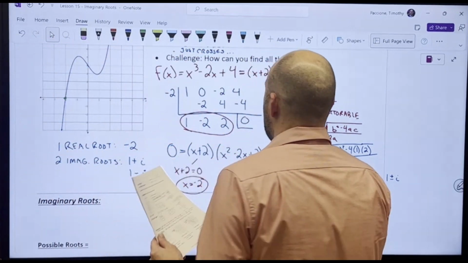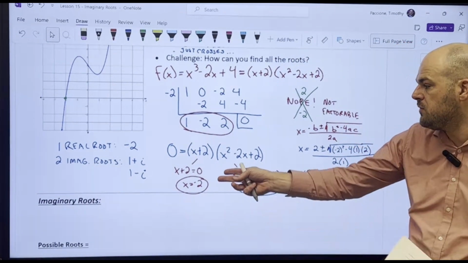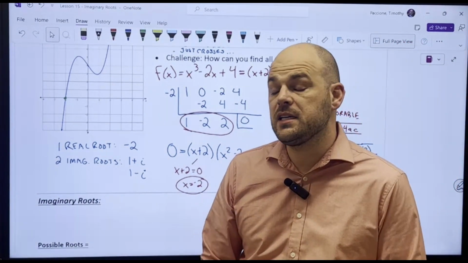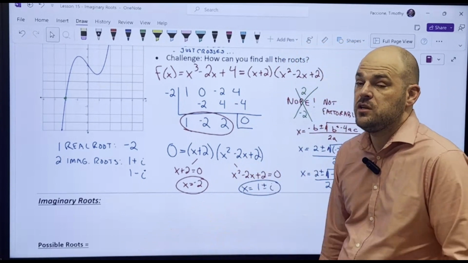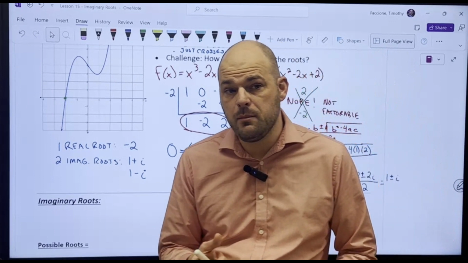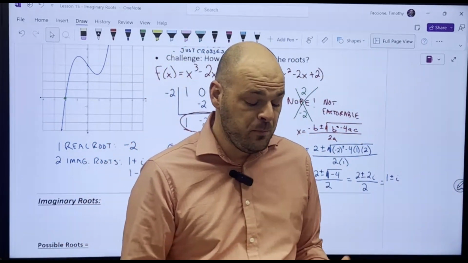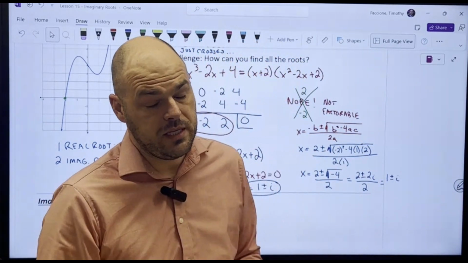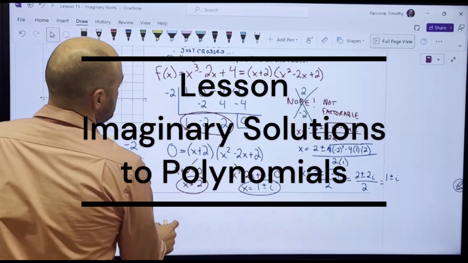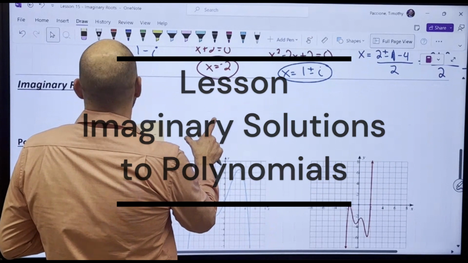We are trying to find those missing roots, even if it requires the quadratic formula, even if it requires solving for x when we can't factor any further than a quadratic, okay? There's also going to be one other scenario where we get imaginary roots when we isolate the square, but that's our challenge for today, okay? So let's define imaginary roots again, and then we'll look at some examples.